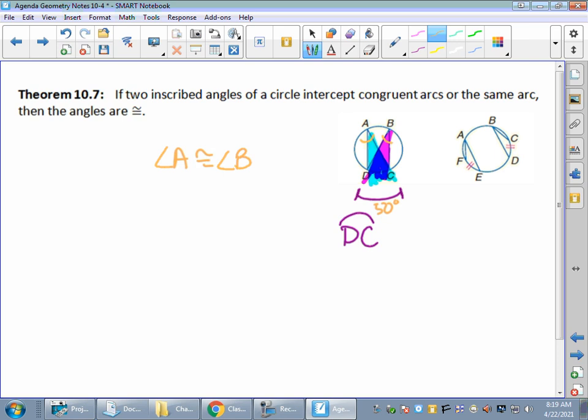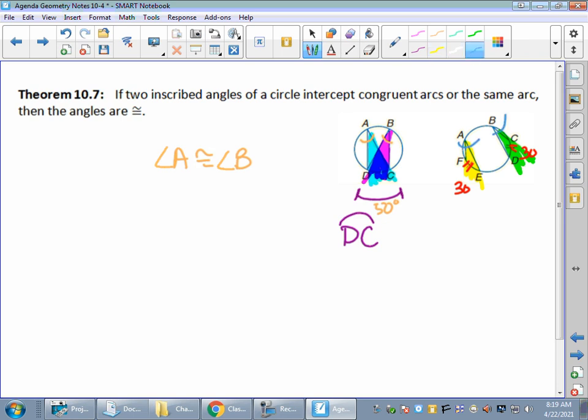So it's a sneaky one. You got to work your way in and see what's going on. Notice over here it was just two separate arcs. If this arc FE traces into angle A as its inscribed angle, and arc CD traces into angle B for its intercepted arc, or sorry, inscribed angle, and those two arcs are congruent, say they're both 30 degrees, doesn't angle A have to be congruent to angle B, right?